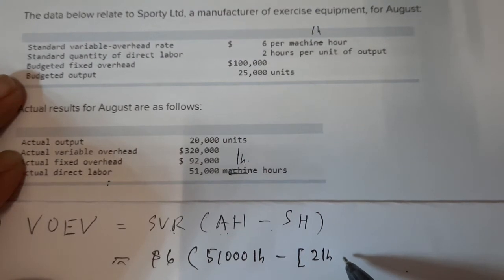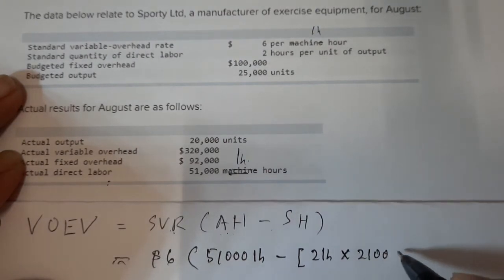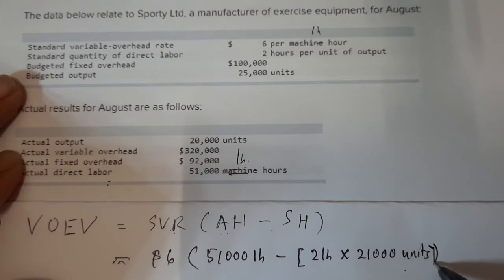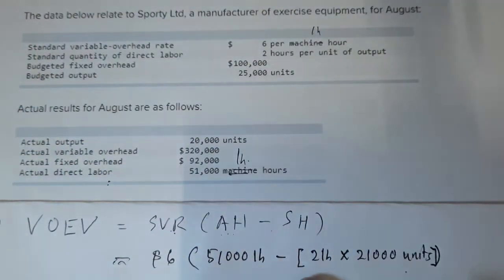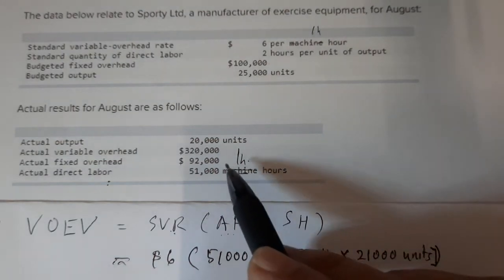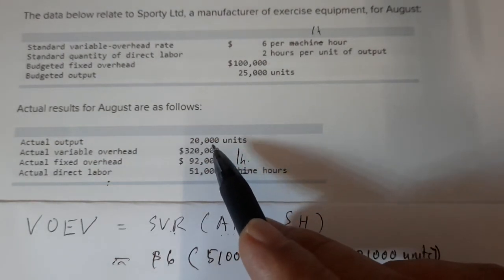So 2 hours times 20,000 units of product. This is the way to calculate this number. Standard hours means the standard labor hours related to the actual production in August.